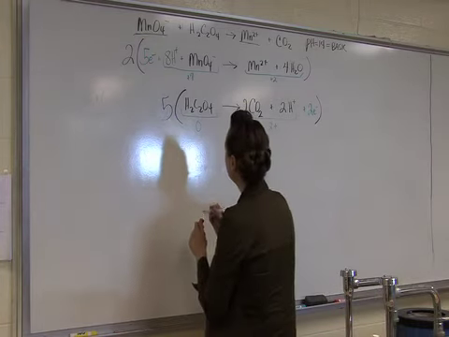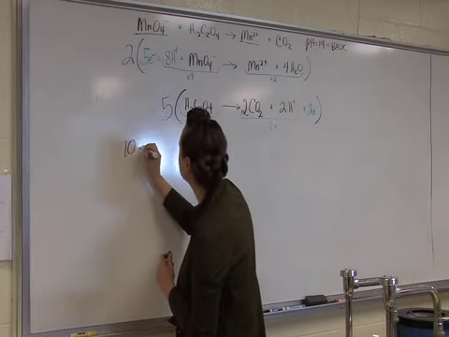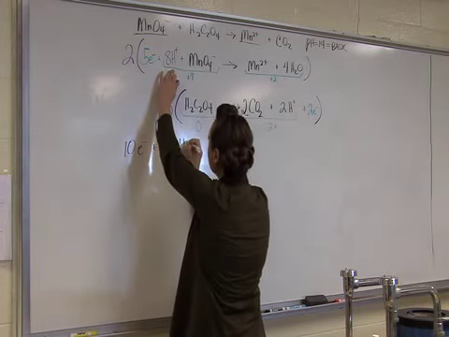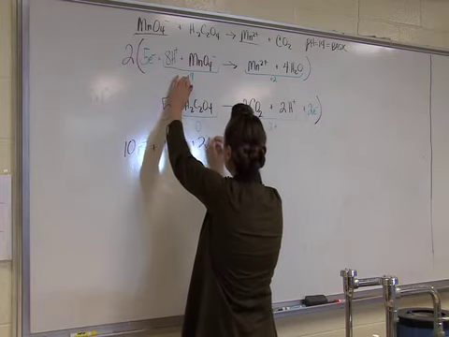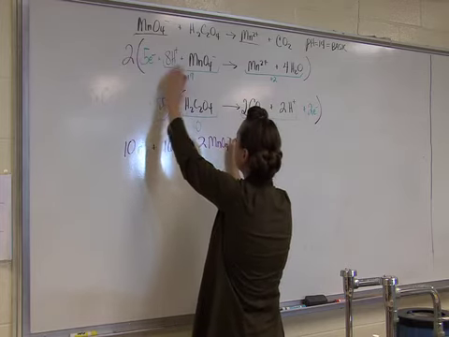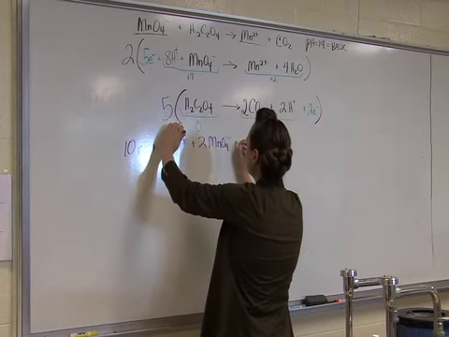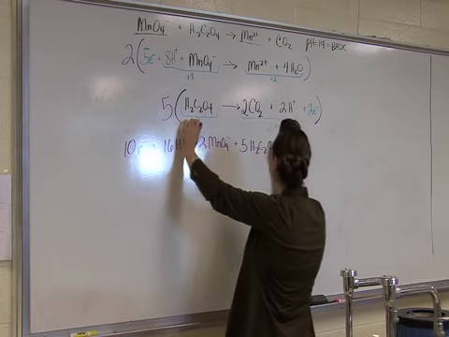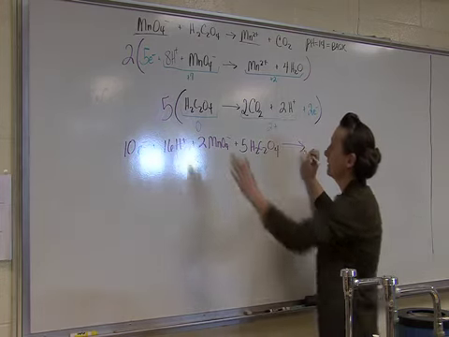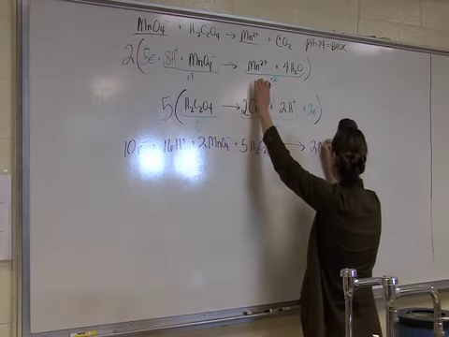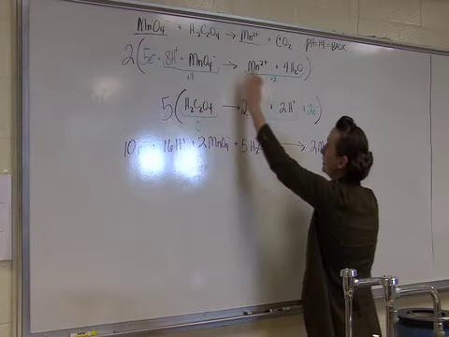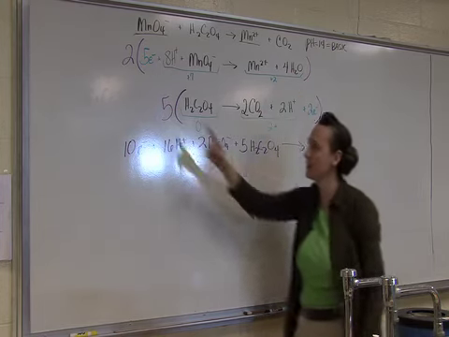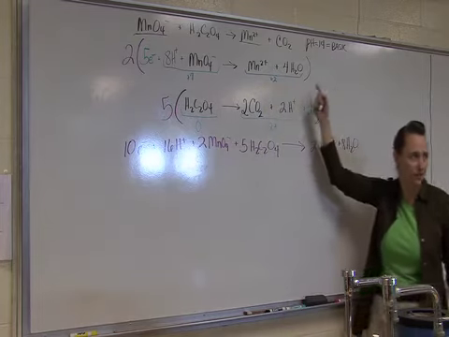So I have 10 electrons plus 16 H plus 2 MnO4 minus plus 5 H2C2O4 gives me 2 Mn plus 2, 8 waters. You have to be very careful to distribute this to each one.